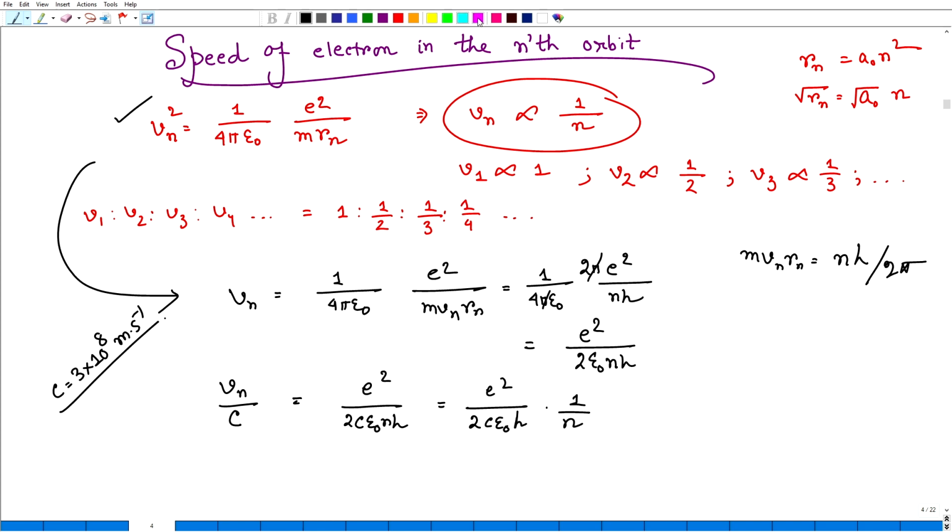This part is constant, everything is constant: e, c, epsilon, h, everything is constant. This is written as alpha. What is alpha? Alpha is called Sommerfeld's fine structure constant.